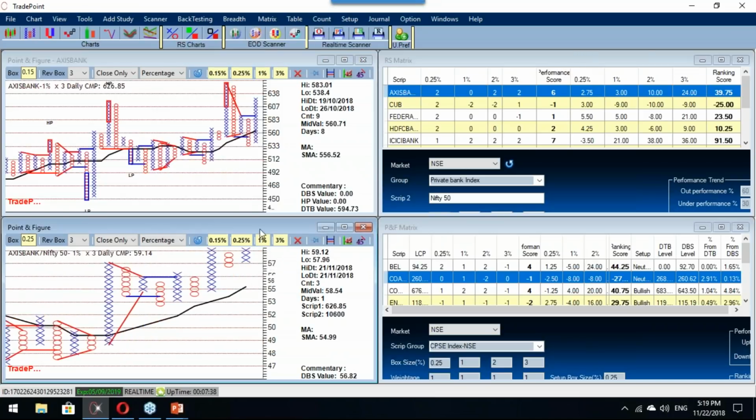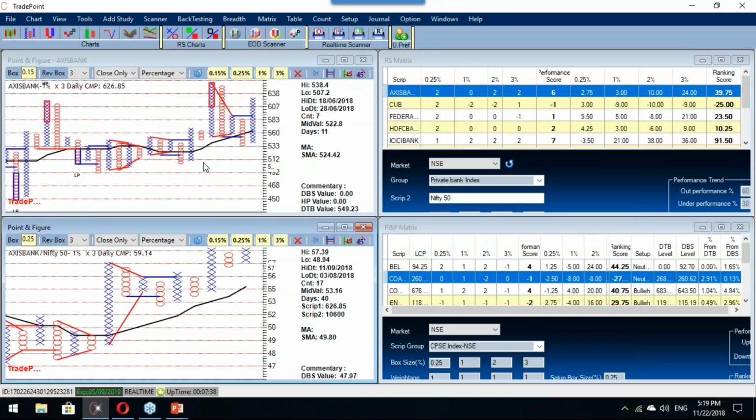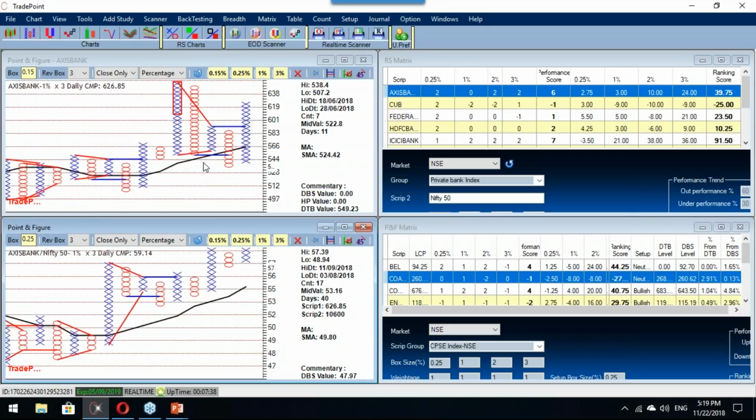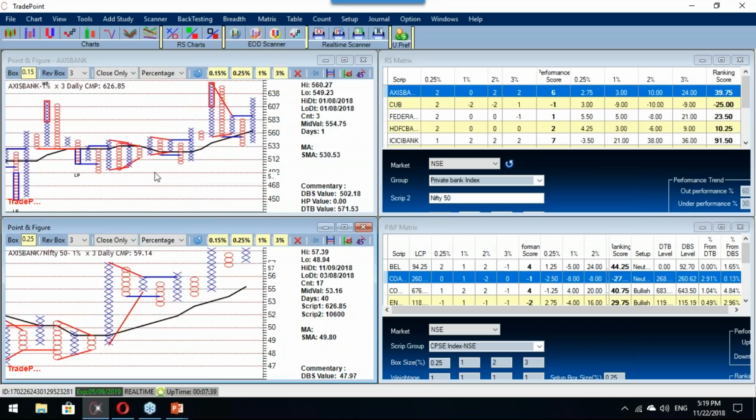So here, in Axis Bank, this is what I wanted to highlight to you guys, and I wanted to make you guys think, but you guys came up with a very quick fire answer. I'm sure not too many people out there did take the trouble to think it over.